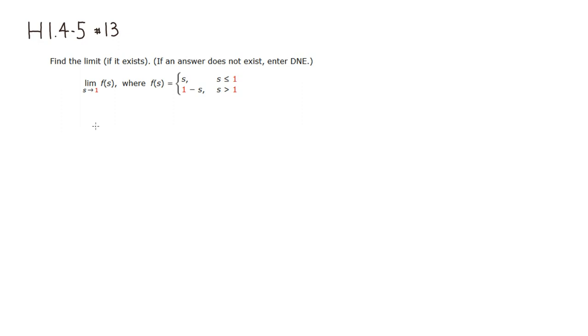So let's look at the limit of f of s as s approaches 1 from the left, right? Since we are approaching from the left-hand side, we have to look at the graph which is to the left of s equals 1.